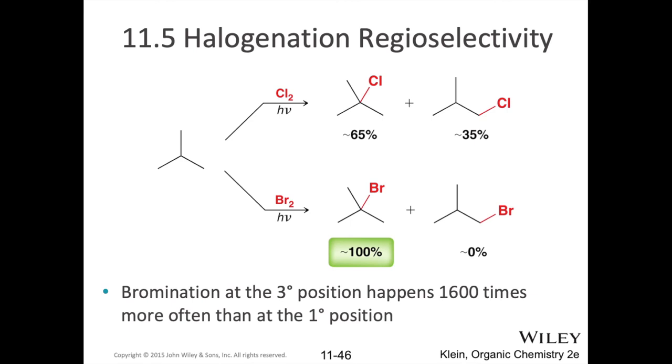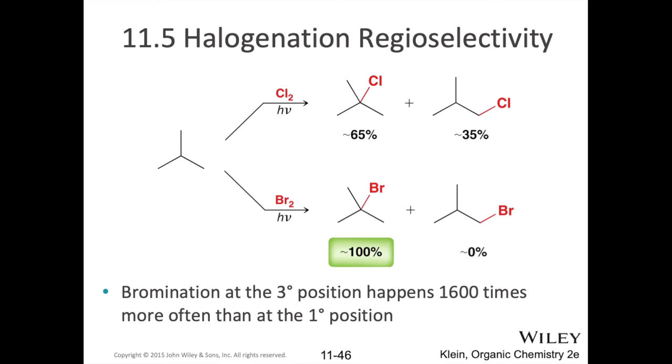Okay, so that's going to be very, very important when we start using this synthetically, when we start planning out how we want to do a halogenation, how we want to add a halogen to our alkane. You might want to consider what your products might look like.